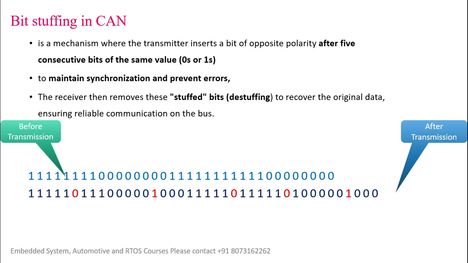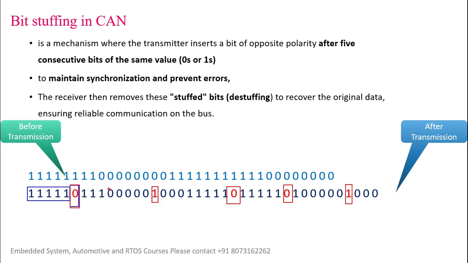According to the bit stuffing rule, for every 5 consecutive bits, an opposite polarity bit is added. Here are 5 bits, 1, 2, 3, 4, 5, and an opposite polarity bit is added. This is a stuffed bit, this is a stuffed bit, and it goes on like that for every 5 consecutive zeros and every 5 consecutive ones.